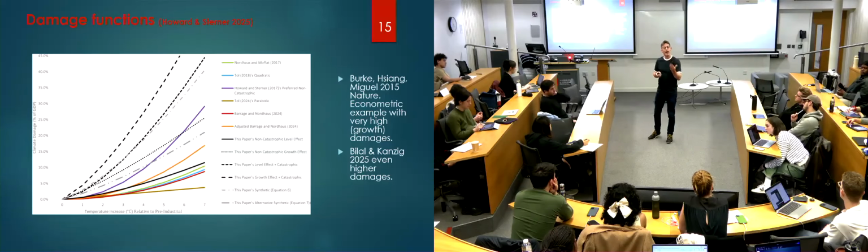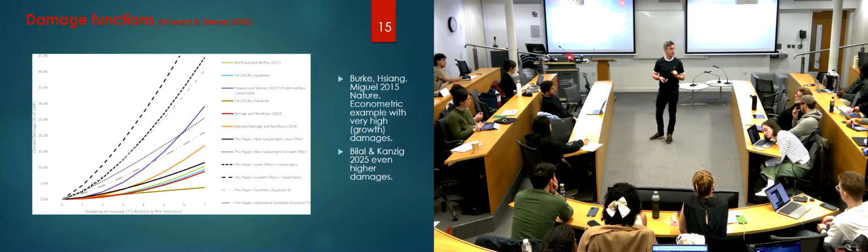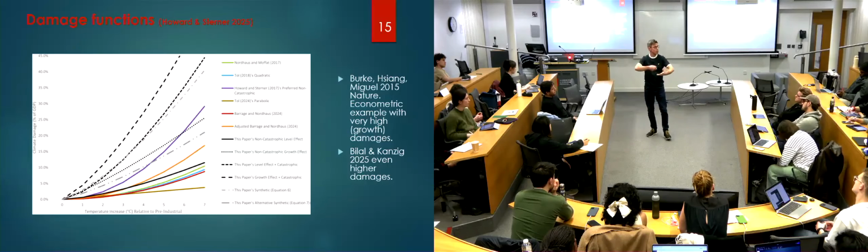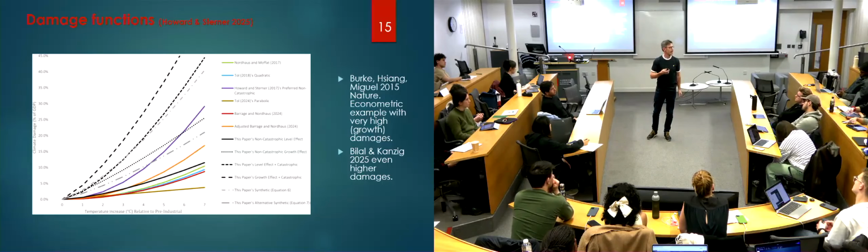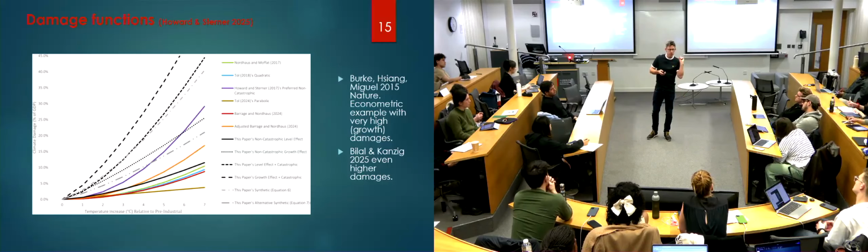How many people die in a heat wave? How do we value the lives? And then that would be a large component of the social cost of the damage. And then many other things. Floods, what do floods cost, etc. They tend to reach smaller percentages than this.